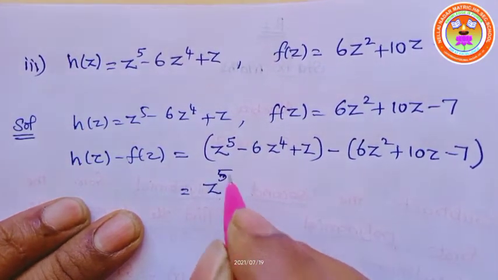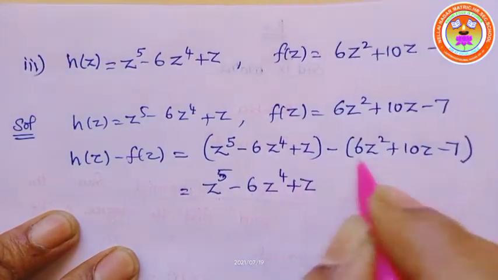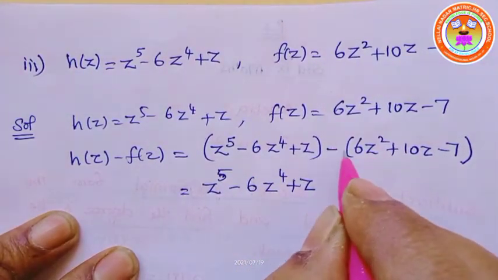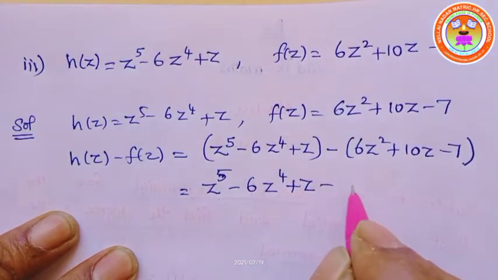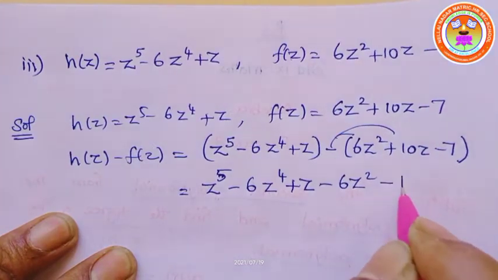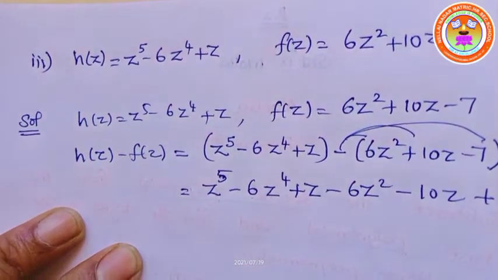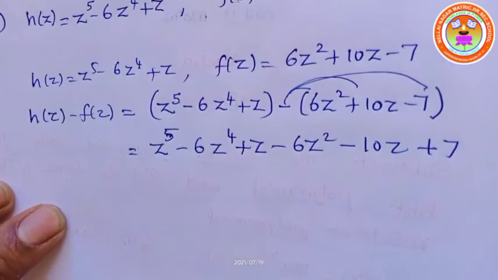Z power 5 minus 6z power 4 plus z. Now multiply sign minus with 3 terms: minus into 6 is minus 6z squared, minus into plus is minus 10z, minus into minus is plus 7. Now arrange the degree.